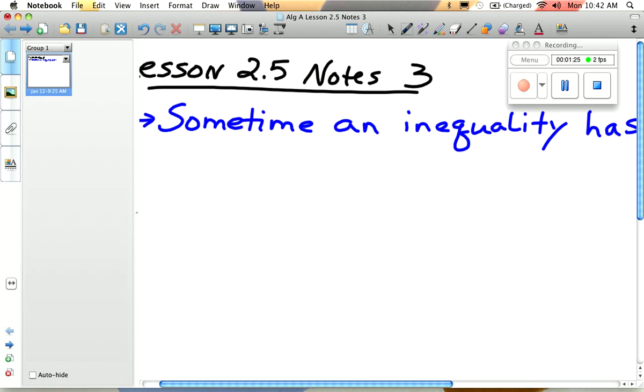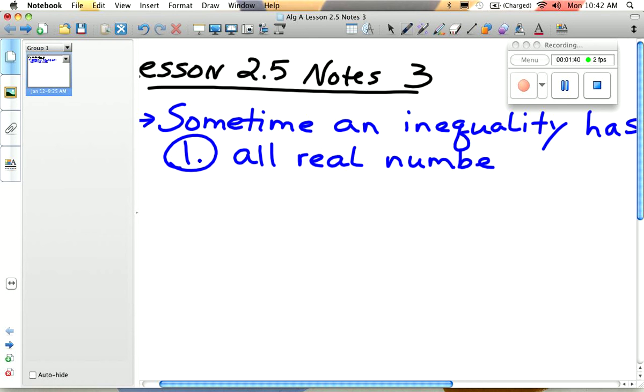But today we're going to discover that sometimes we are also going to have this situation, where sometimes an inequality has all real numbers as its solution.